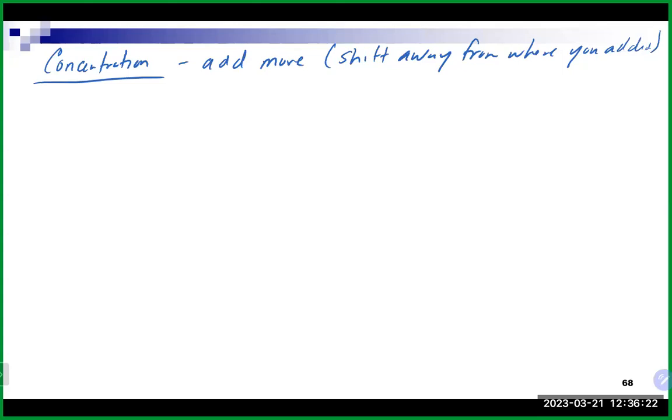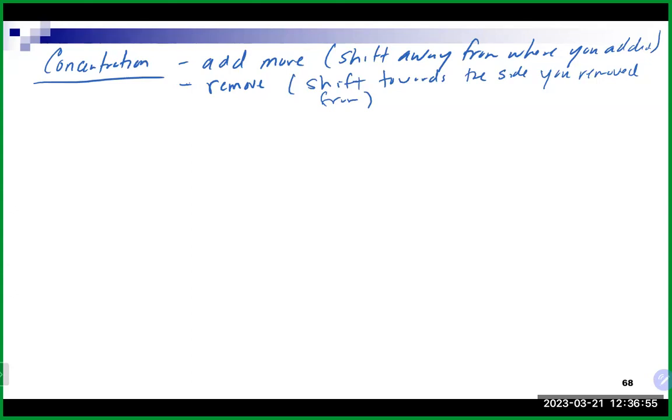If you add products, it will shift to the reactant side. The other thing that you could do is remove, and when we remove, it will always shift towards the side you removed from. So AA is a good way to remember: add away. And when you remove something, it comes towards it.